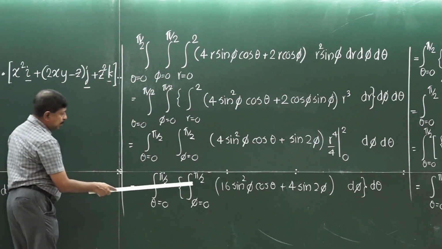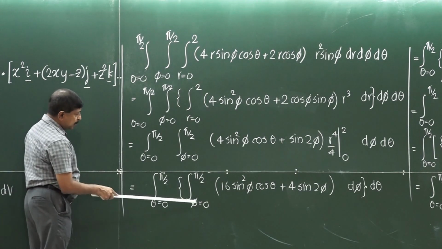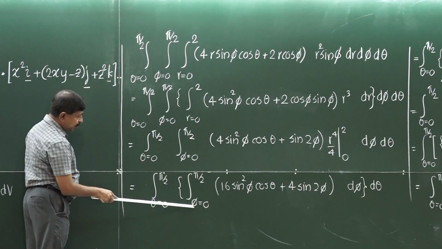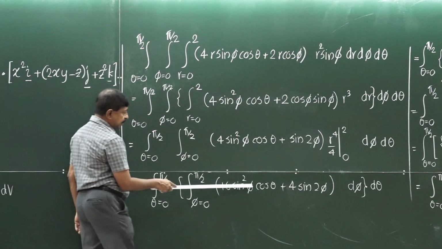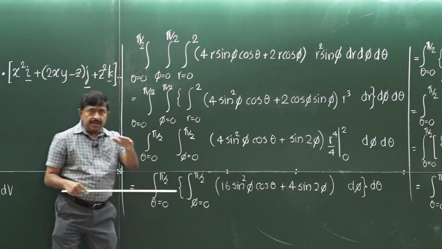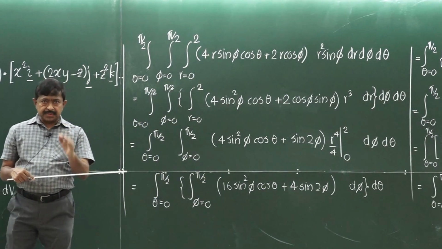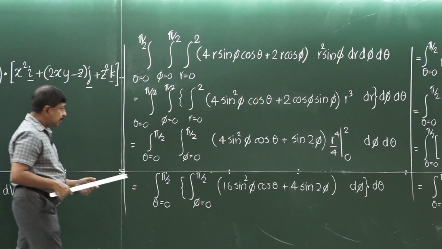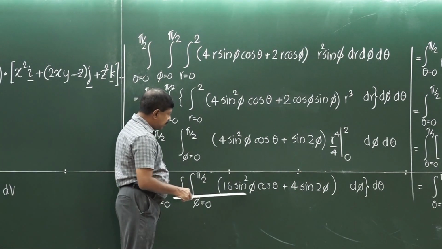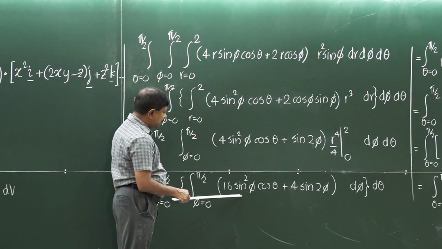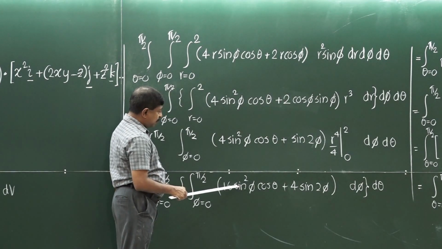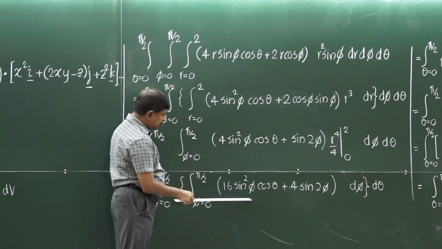Now, it is a double integral. Now, the variable of integration is phi. So, these are the variables. In this level, theta is considered as a constant. Now, since you have sine squared phi, you can replace it by 1 minus cos 2 phi over 2.